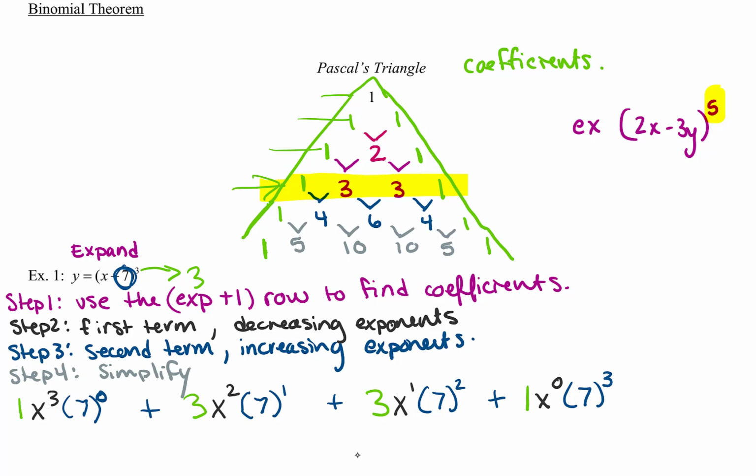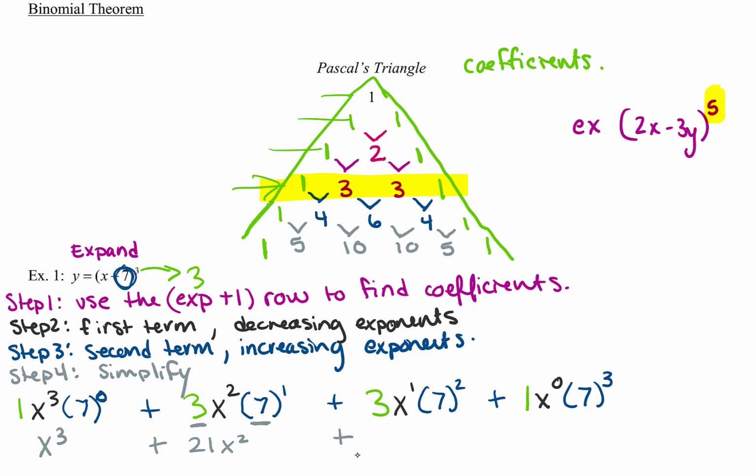The last thing I'm going to do is I'm going to simplify. Anything raised to the power of 0 is 1. So that means when I simplify this, I get x cubed. The next term, when I simplify, I have 3 times 7. So that gives me 21x squared. The next term, when I simplify, I have 7 squared.